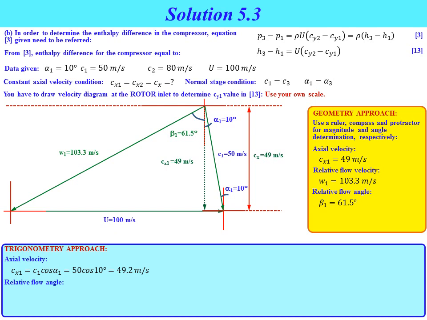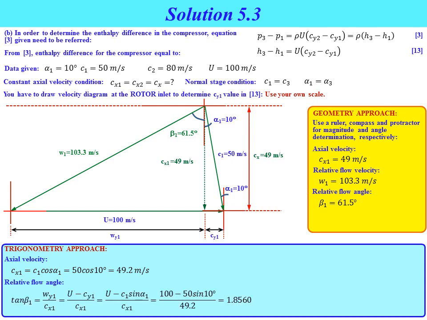We can also determine this using the trigonometry approach. Referring to the velocity diagram, we have Wy1 and Cx1, and tangent beta 1 equals Wy1 divided by Cx1. Manipulating the trigonometry, we obtain tangent beta 1 equal to 1.8560.